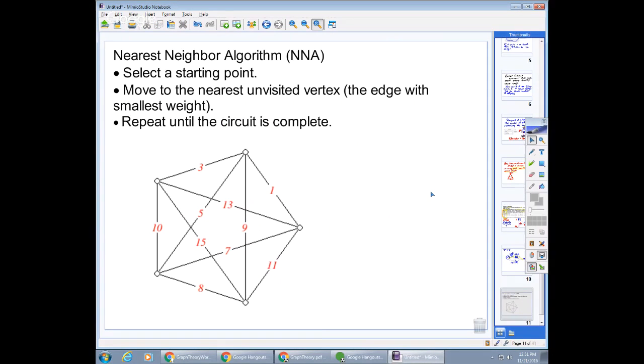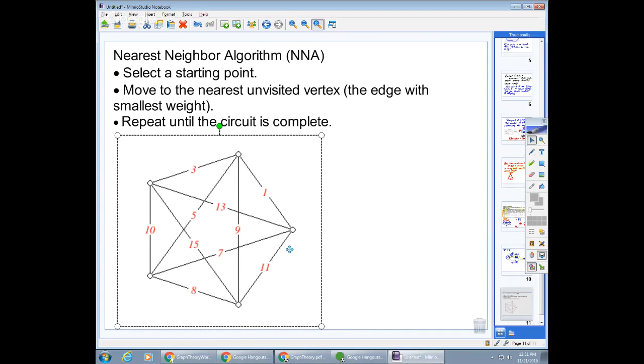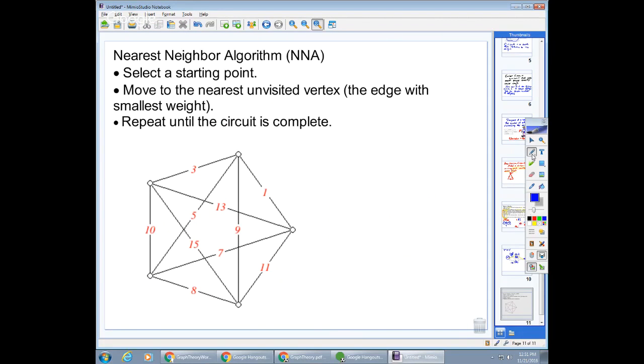So we're going to start with a pen, at this one here. Yes, that's right. So what we do is we move to the nearest unvisited vertex with the smallest weight. Well, that would be this one right here. And then from there, we're moving in this direction, we're trying to make a circuit.